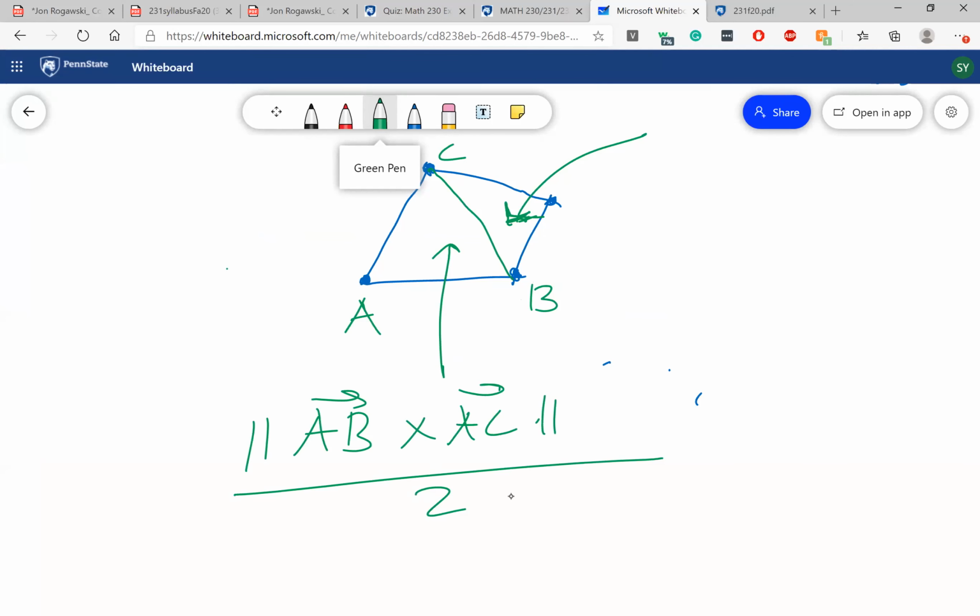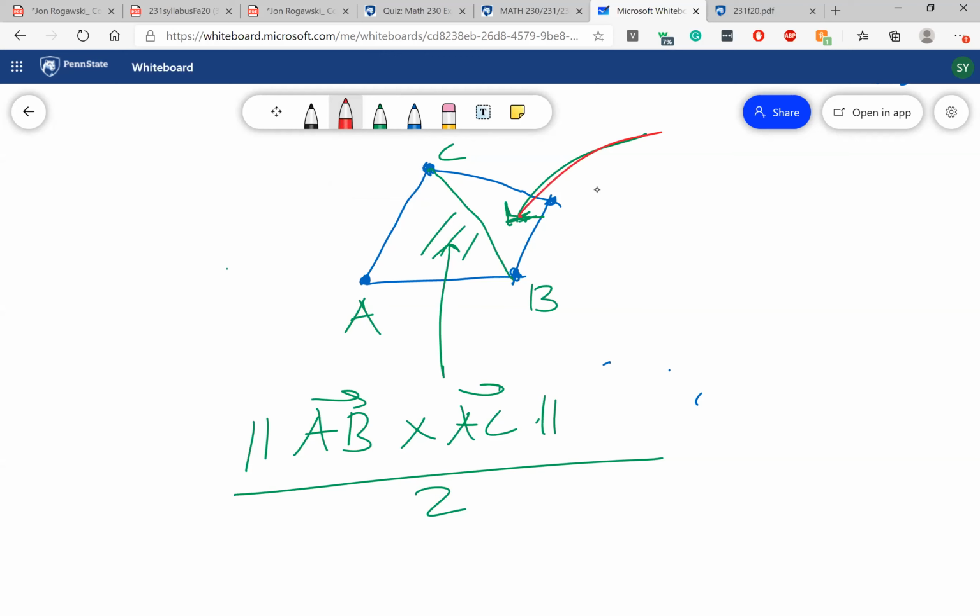Any questions? And those points are arbitrary, right? So this over here will give you this area, and then you can find this area.